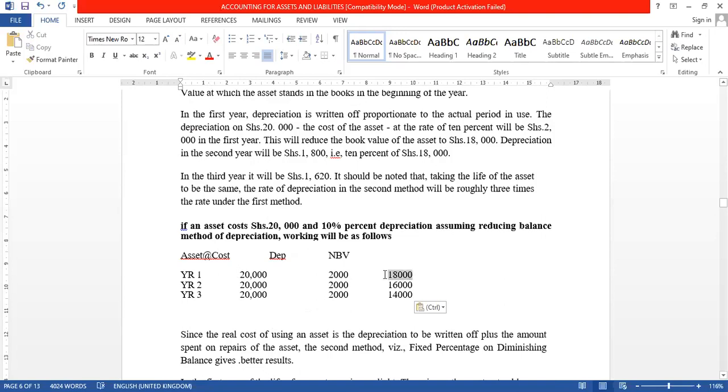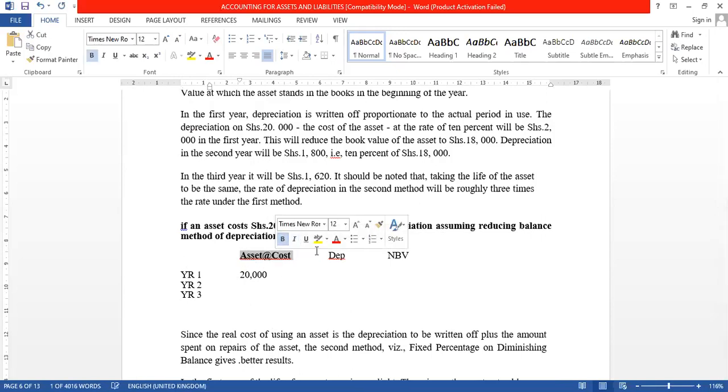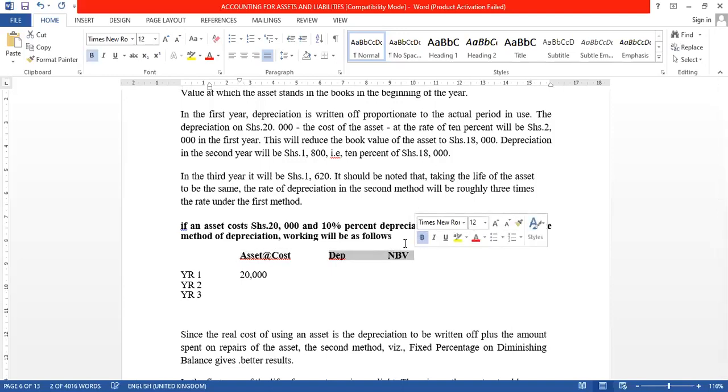Now, if you're keen, let me remove some of these things, right? So that we start at where do we start? At 20,000. The value of our asset here is 20,000 in year one. So the depreciation for that year will be 10% of the 20,000, which will be 2,000.